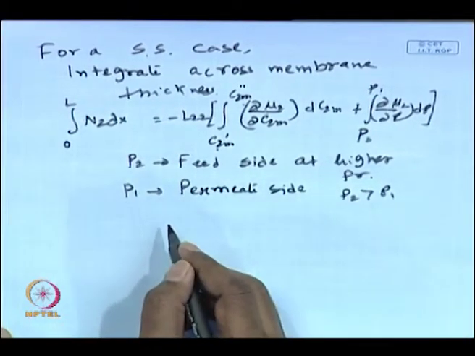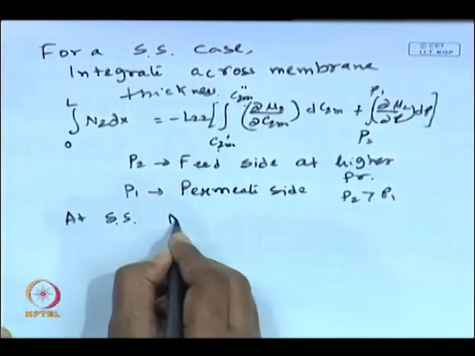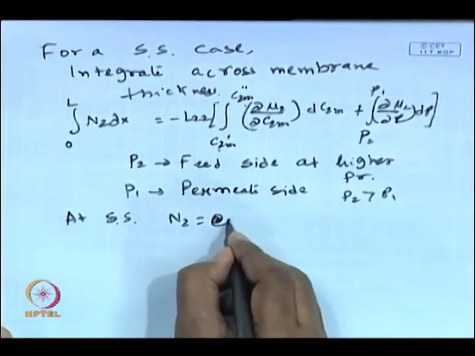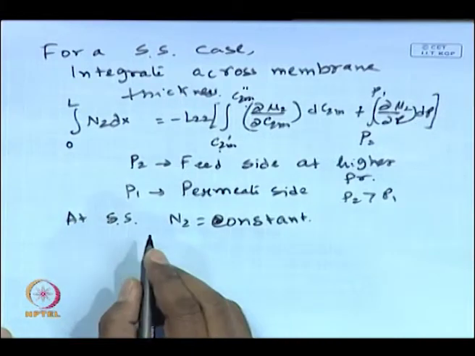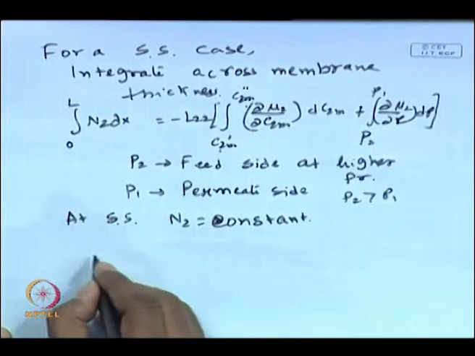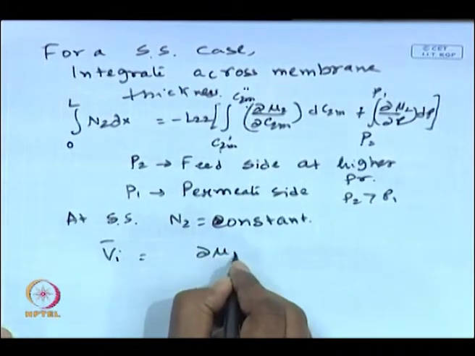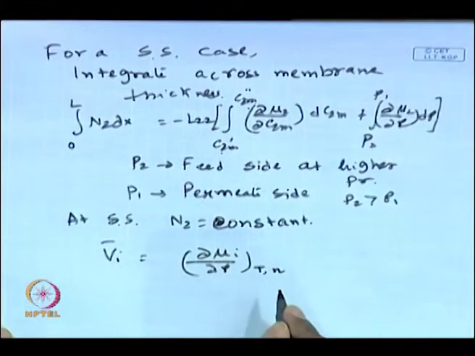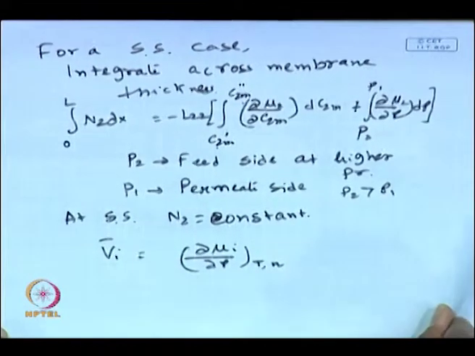Now, at the steady state N2 is constant. And now, we invoke the definition of partial molar volume. V i bar is equal to del mu i del P for a constant temperature and species concentration. So, let us integrate it out and see the result.